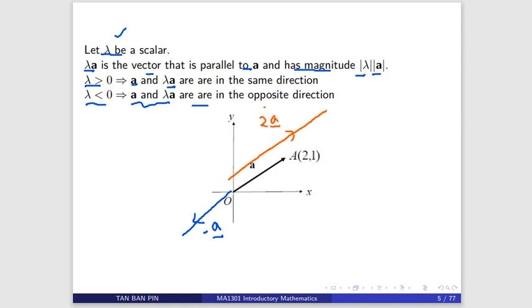If you draw minus 2A, then you have to draw it this way, parallel to A but in the opposite direction, minus 2A. So remember, if lambda is negative, then A and lambda A are in opposite directions. If lambda is positive, then A and lambda A are in the same direction.